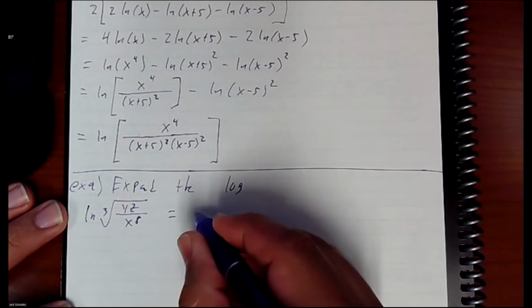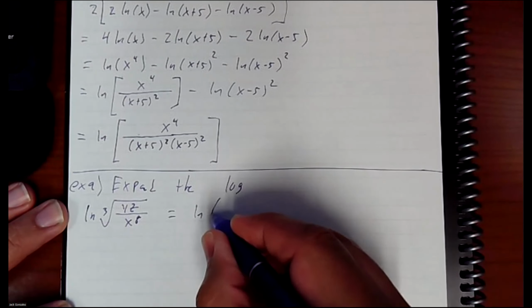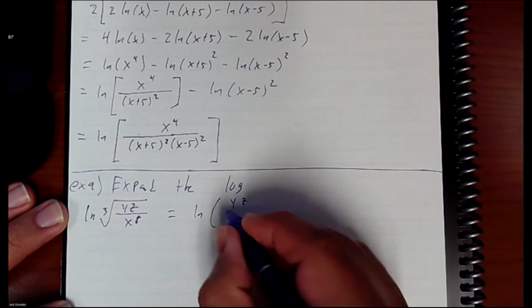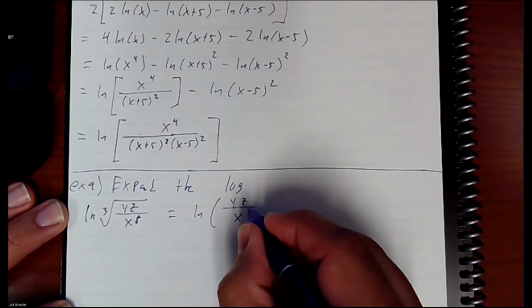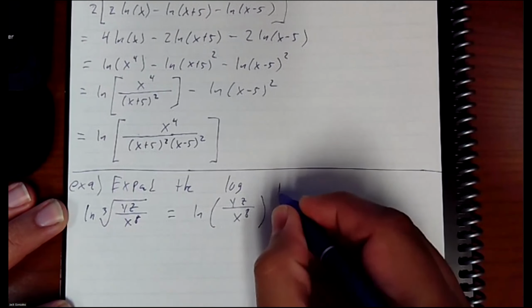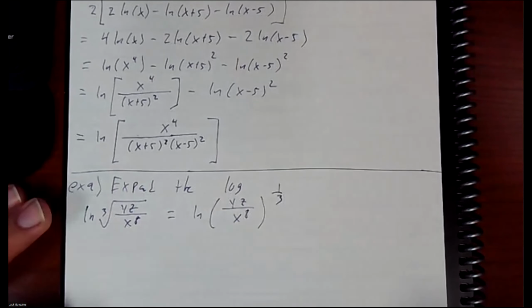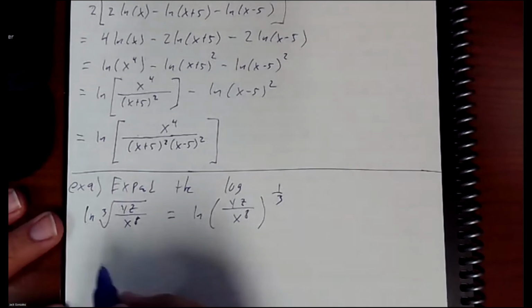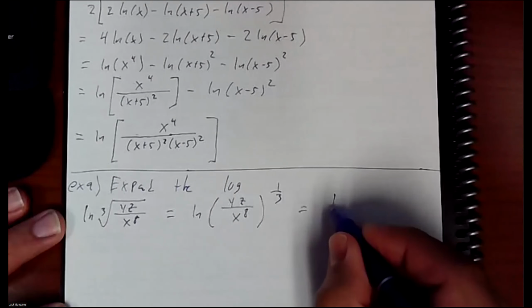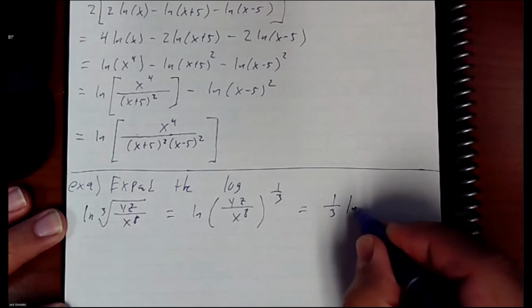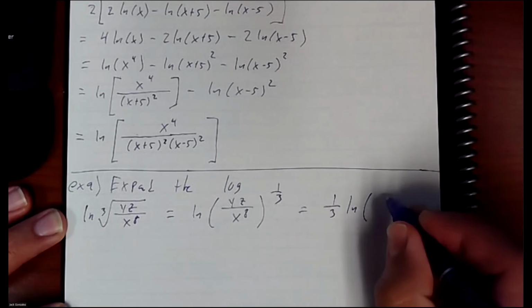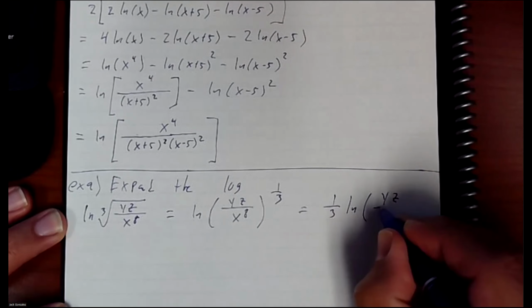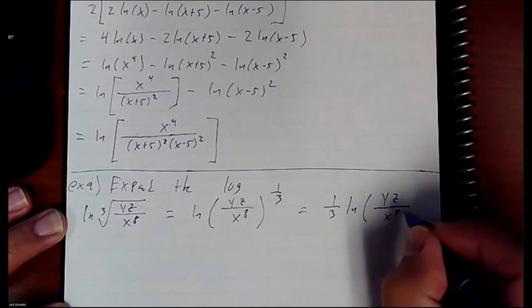So this becomes ln of yz over x to the 8, to the 1/3 power. Right, same thing. Then bring down the third, and then start the other log rules.